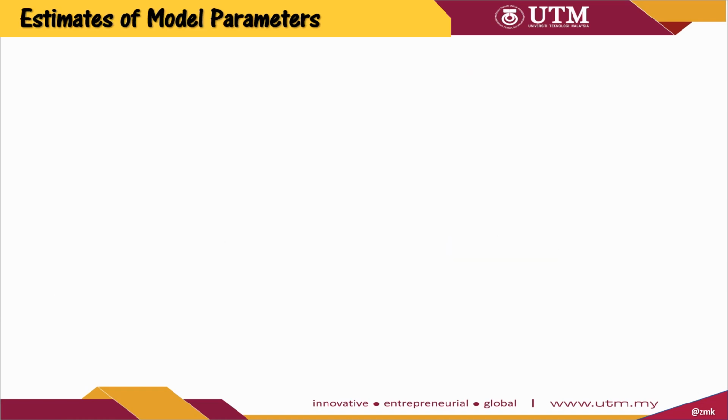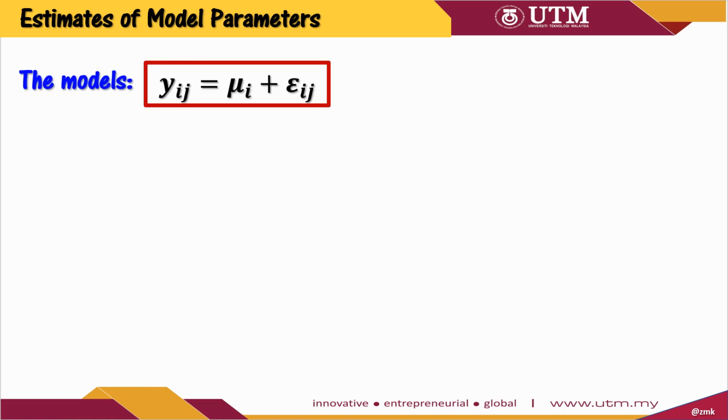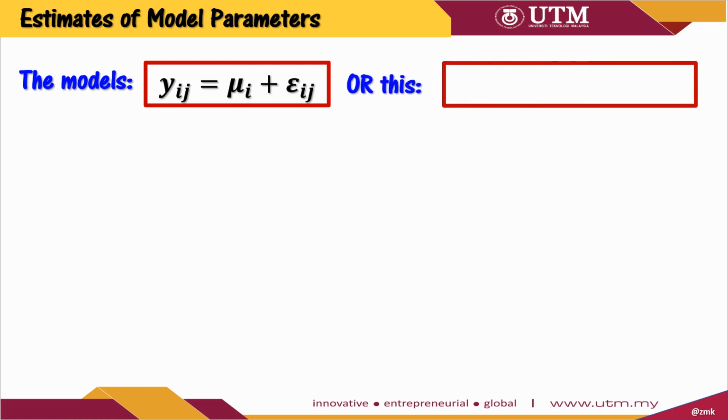What are the estimated model parameters? Let's recall the two models underlying a one-way ANOVA. The first model is this model, which contains the level mean mu i in the equation, and the second model is this model, which contains the expression for the grand mean and the level effect alpha i.